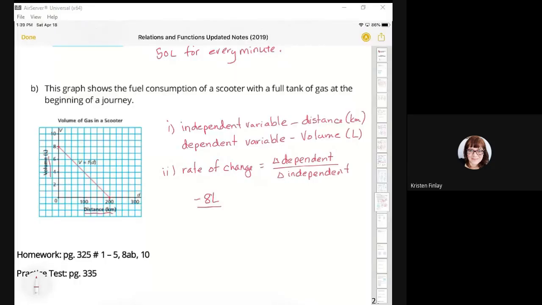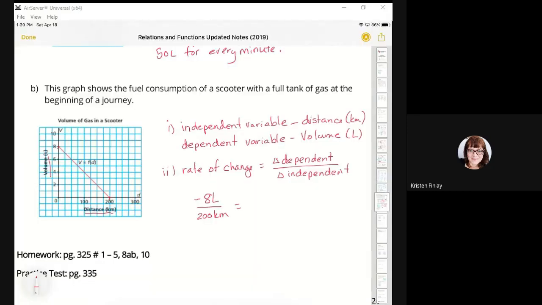So I have a negative on top, negative 8 liters, because that's the change. And I've changed from 0 to 200 kilometers. So 200 kilometers. So if I simplify this, I can divide both the top and the bottom by 8, and I'll get negative 1 over 25 kilometers. And that would be my rate of change.